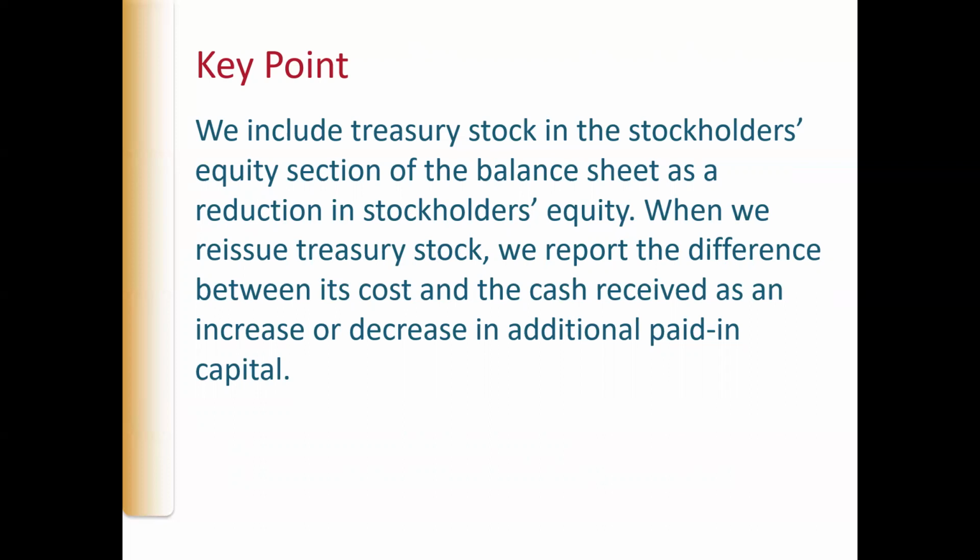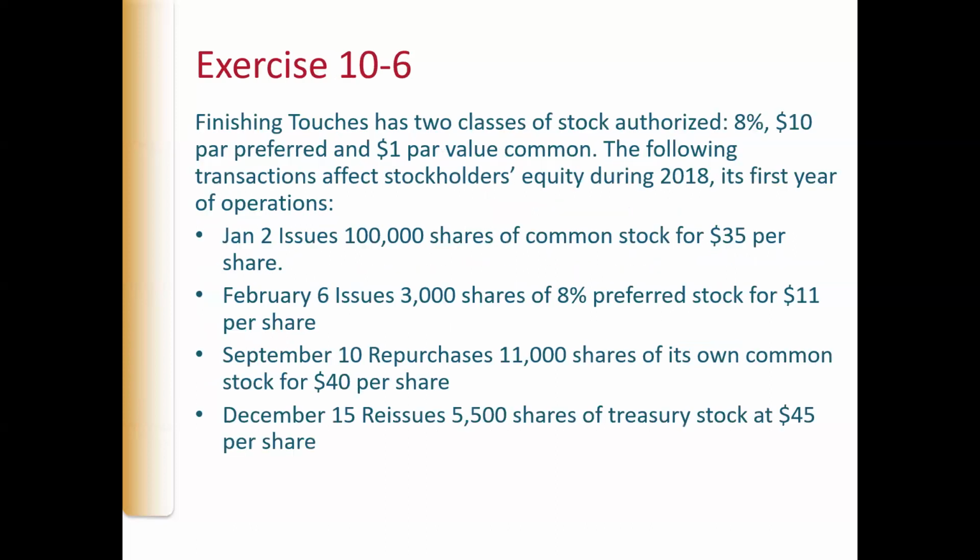But then when we reissue treasury stock, the difference between what we had purchased it for and what we're reissuing it for is going to go into additional paid-in capital, either as a debit or credit, depending on if we made money or if we lost money. But the key is we have to zero out the treasury stock, what we initially purchased it for.